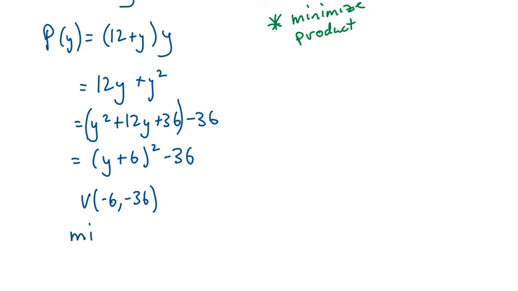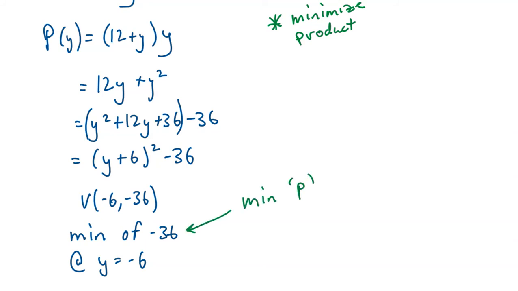It's opening up because it's got a positive out in front, so it's got a minimum of -36 when y equals -6. It's important that we know that's y. Otherwise, that's going to cause a problem. So don't call it x. If it was y up above, then it's y here.